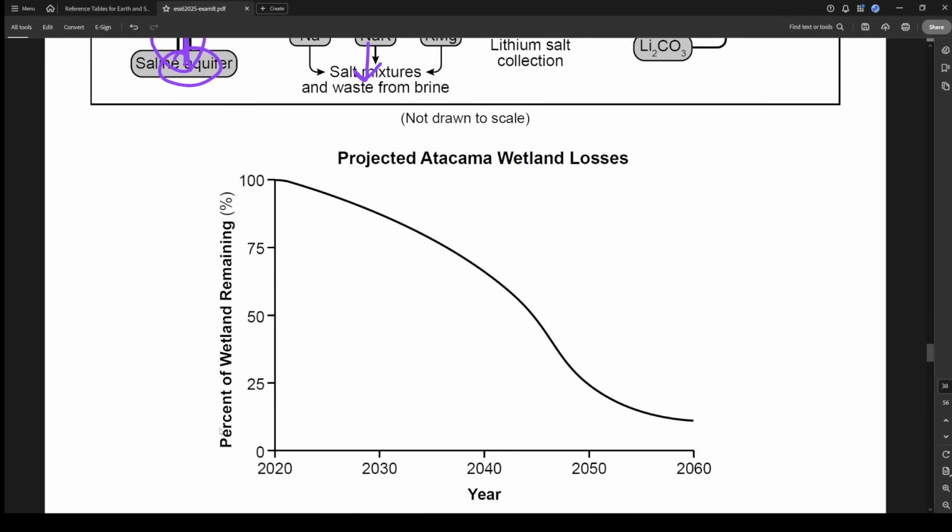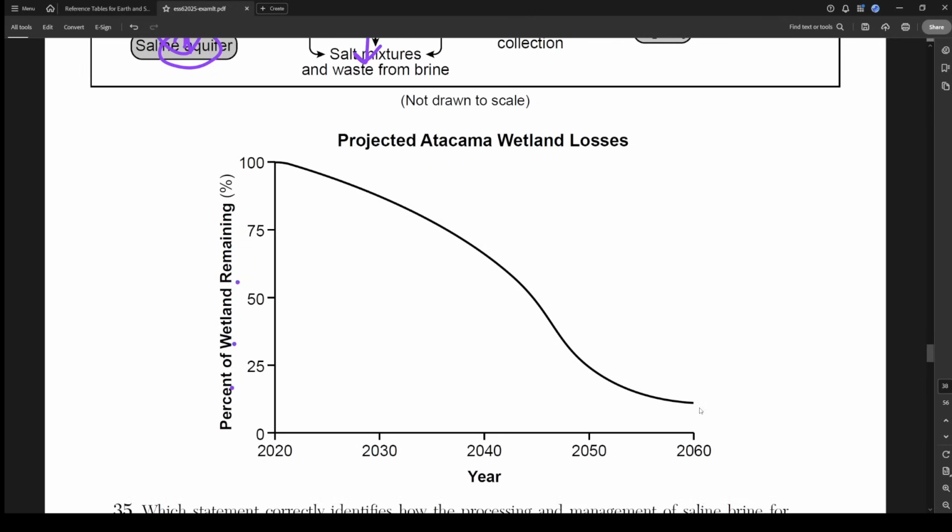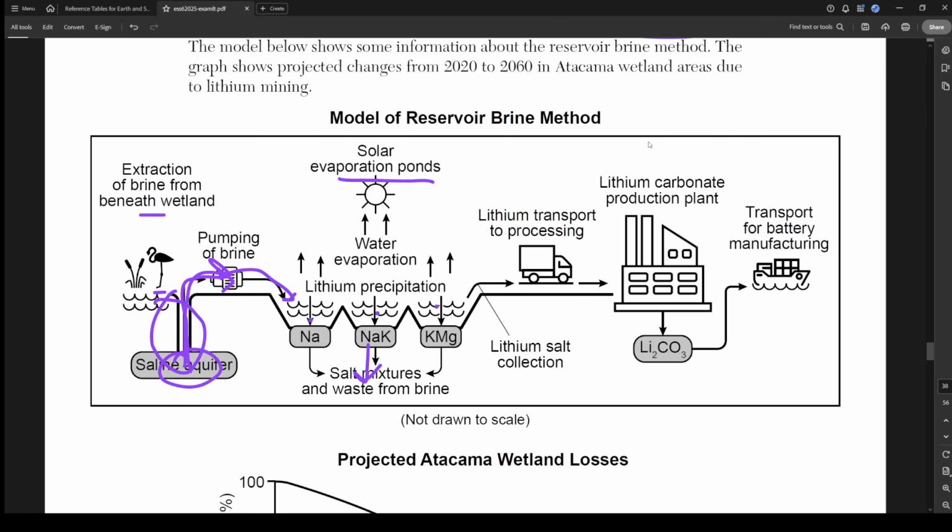Projected wetland losses. Look, percent of wetlands remaining. So look, their wetlands are going to be gone. They're losing wetlands at a dramatic rate. So this flamingo is going to die. That's probably where they're going with this.